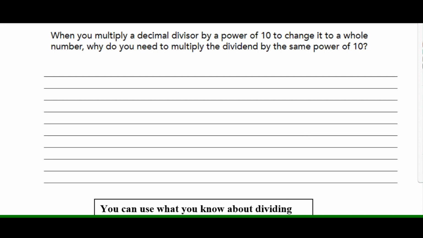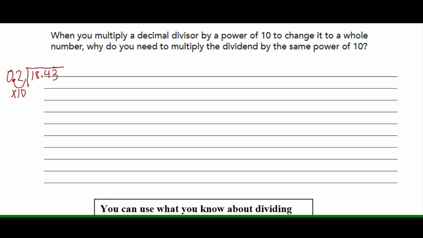All right. When you multiply a decimal divisor by a power of 10 to change it to a whole number, why do you need to multiply the dividend by the same power of 10? So an example of that is if you have, let's say, 0 and 2/10 as a divisor, and we have 18 and 43 hundredths. You have to make your divisor a whole number by multiplying it by a power of 10.